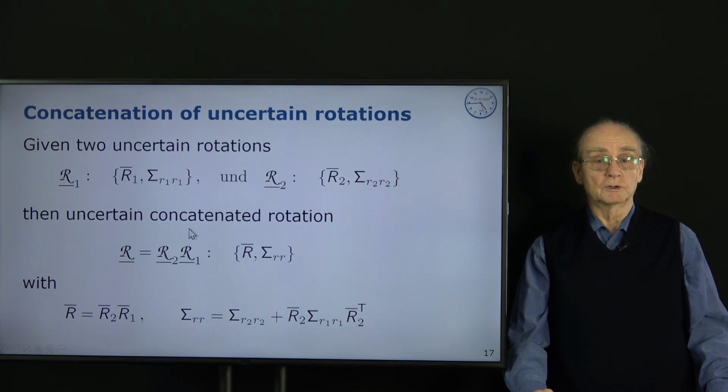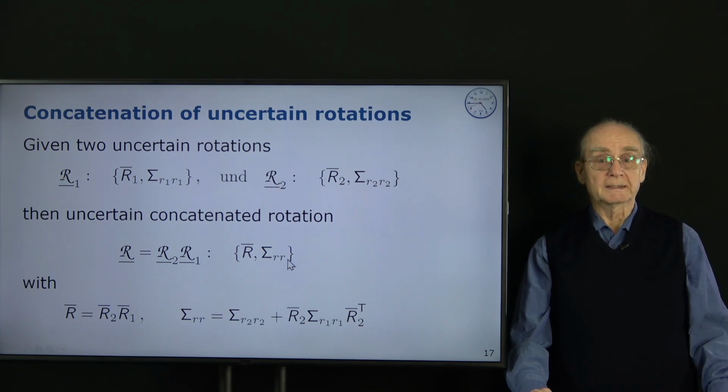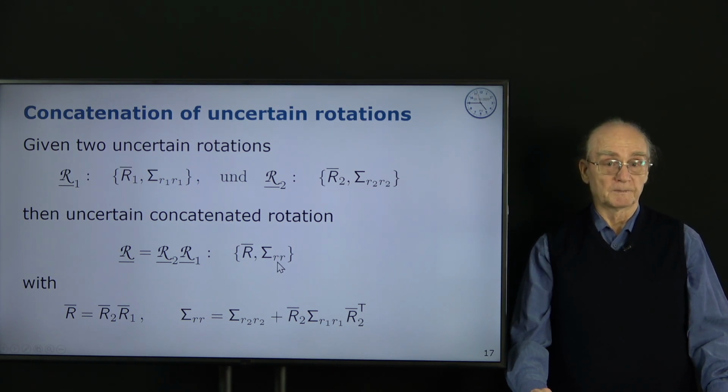And we would like to know the distribution of the product of these 2 uncertain rotations. Of course, this is also described by the mean rotation, the product of these 2, and some covariance matrix of some vector r. And the question is, what is the mean rotation if we take the product, and what is the covariance matrix of the concatenated rotation?